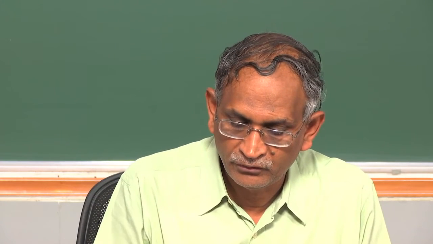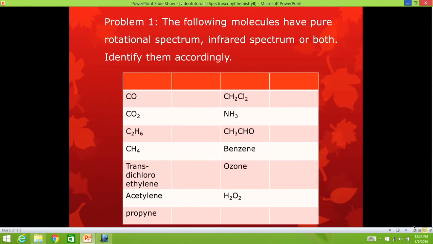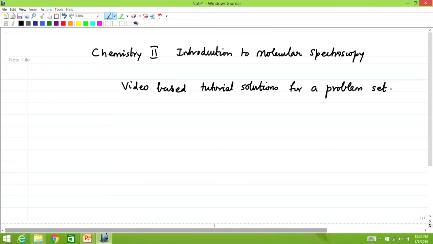So, let us take the first example, carbon monoxide. Carbon monoxide has a strong dipole moment, therefore, it has both microwave and IR spectrum. The next one is CH2Cl2.